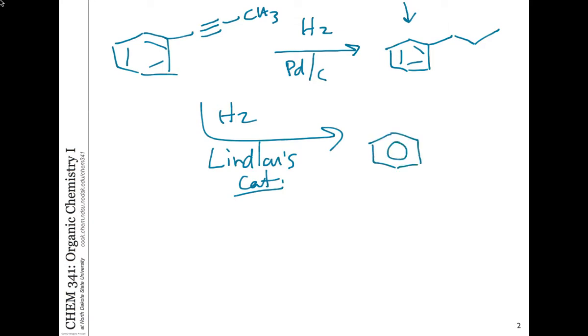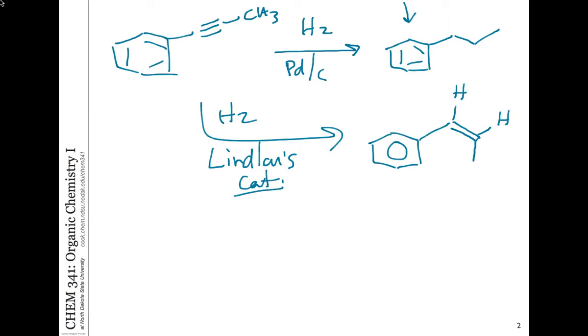And then, very importantly, what's the stereochemistry? We have a double bond. With Lindlar's catalyst, with any transition metal catalyzed hydrogenation, the hydrogens always add on the same side. So we get the cis.